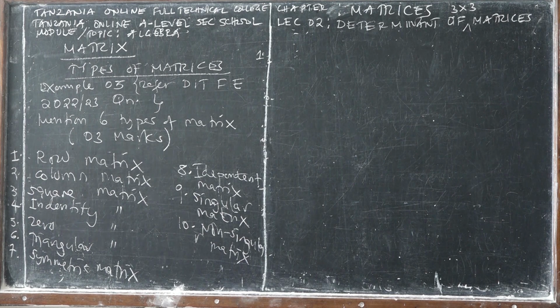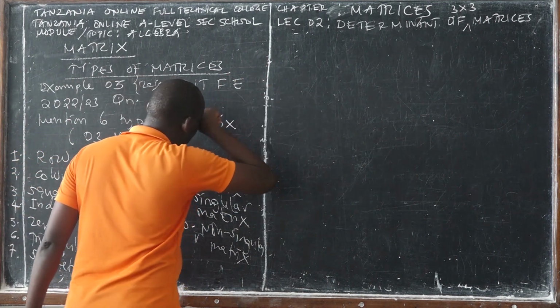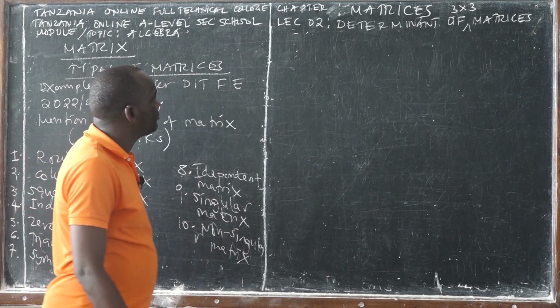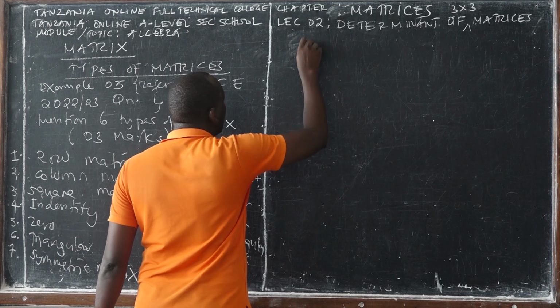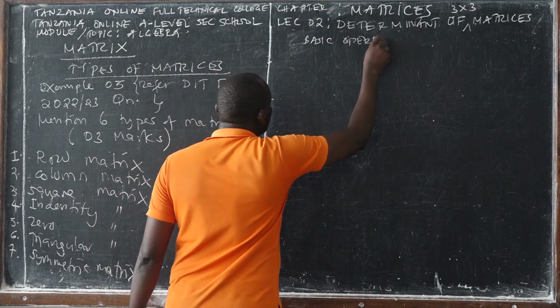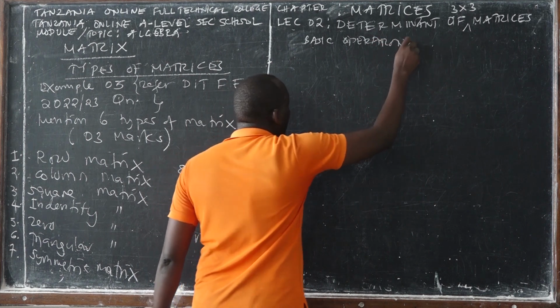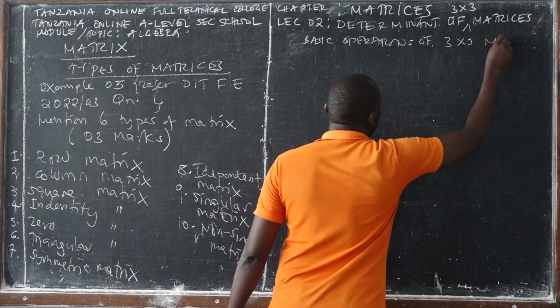Okay. So then we call them basic operations of 3 by 3 matrix.